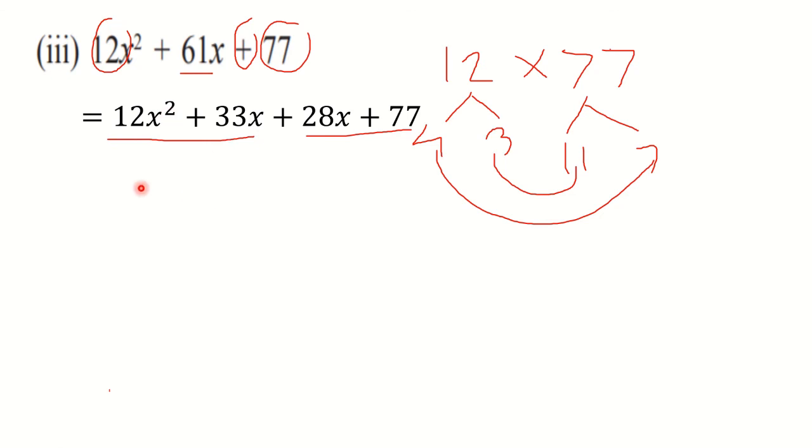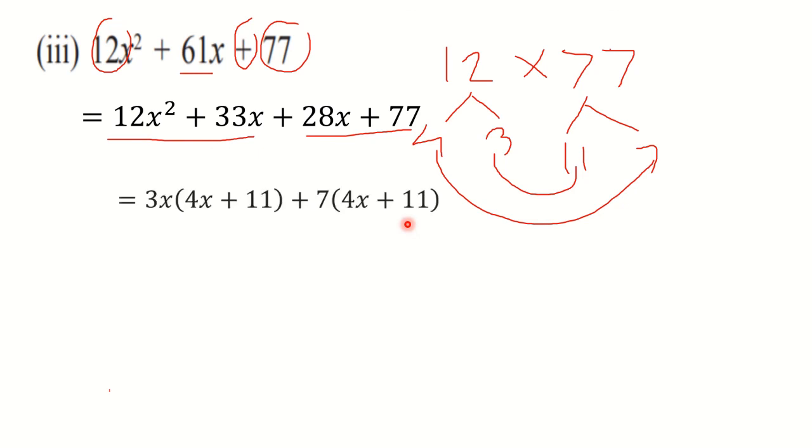Which are those common numbers, you have to think. 12 and 33 are both divisible by 3, so you can take 3 common. Also you can take x as common. So from these two terms, you can take out 3x as common. And here 28 and 77 are both divisible by 7, so you can take 7 as common. So think it and act accordingly.